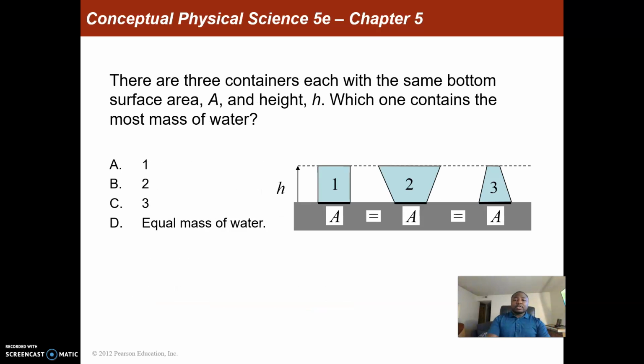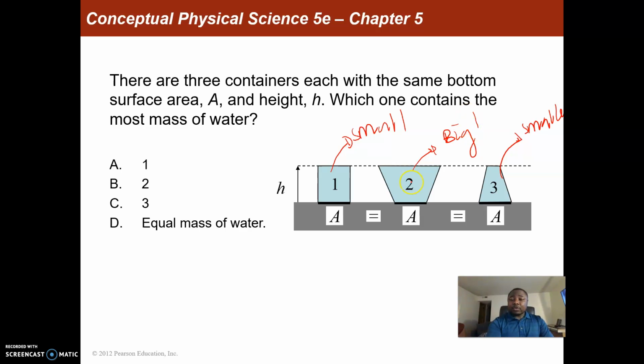Now there are 3 containers, each with the same bottom surface area A and height h. Which one contains the most mass of water? If you want to talk about the most mass of water, firstly you have to talk about the volume. You see that the volume here is small. It looks like this is a little bit smaller, but this looks bigger, right?